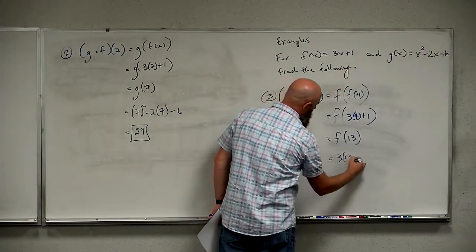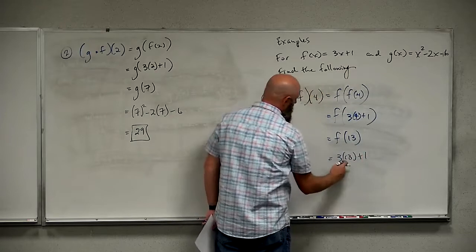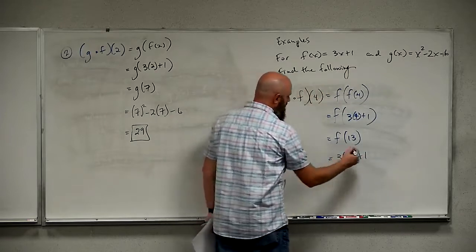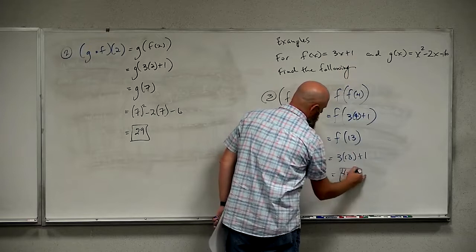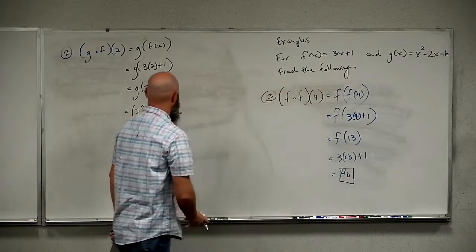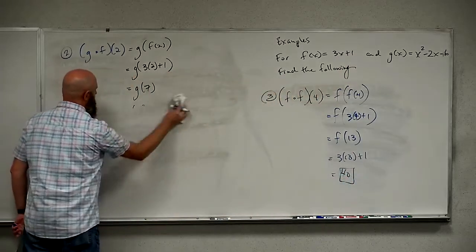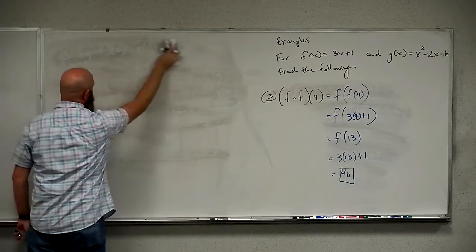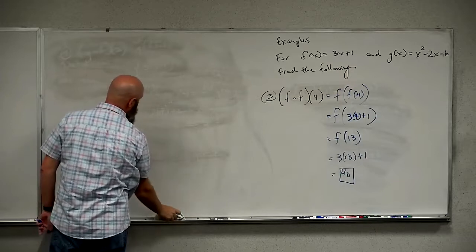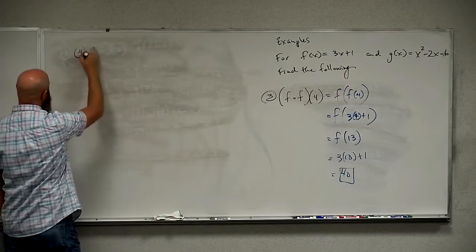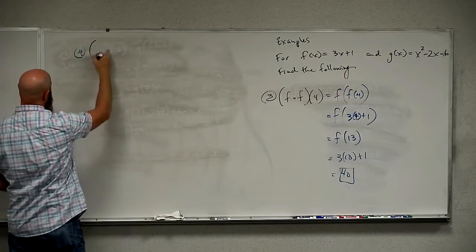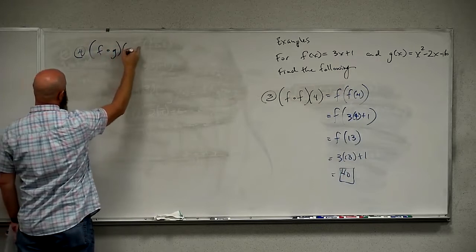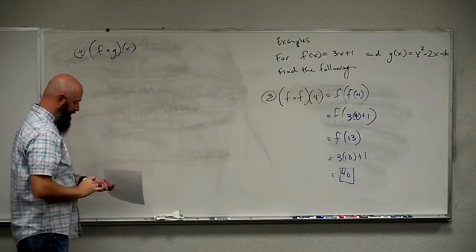So 3 times 13 plus 1. 3 times 13 is 39 plus 1 is 40. So it's all about paying attention to the letters they give you, what we're plugging in where. Right? F of g of x.